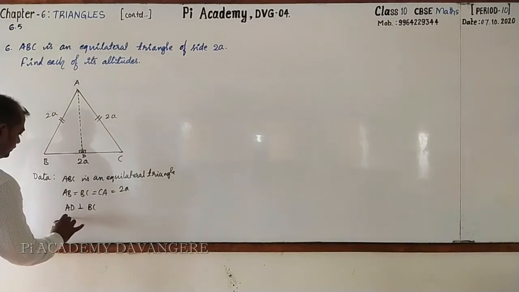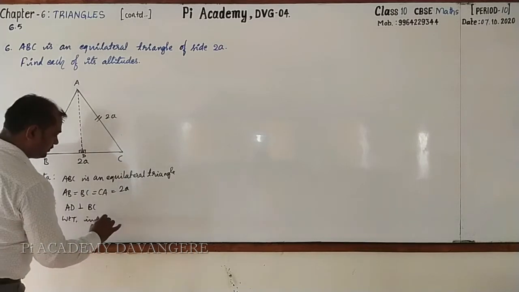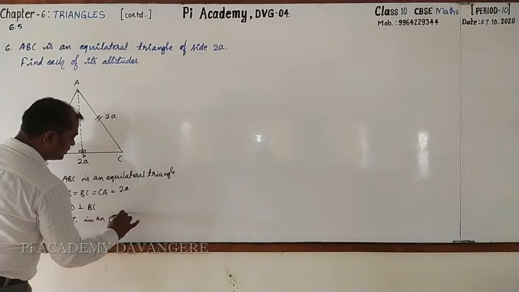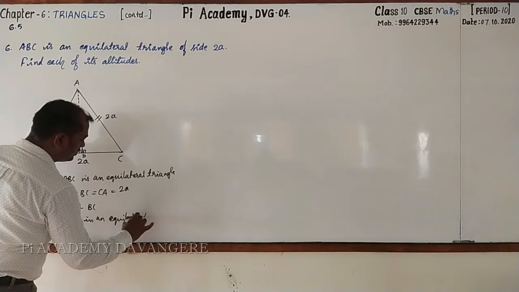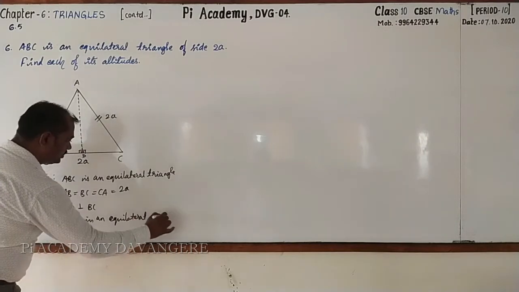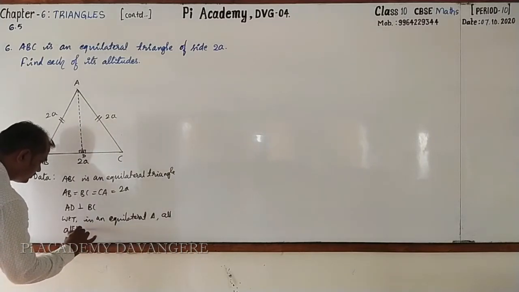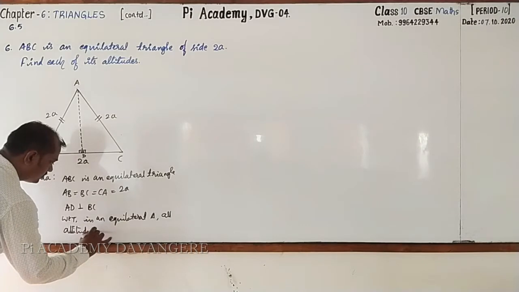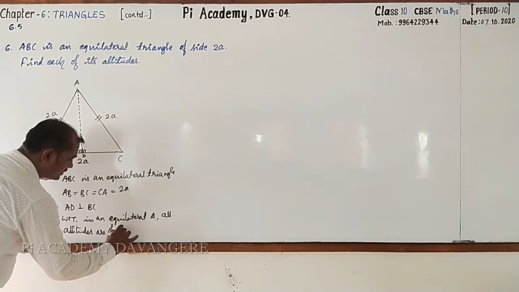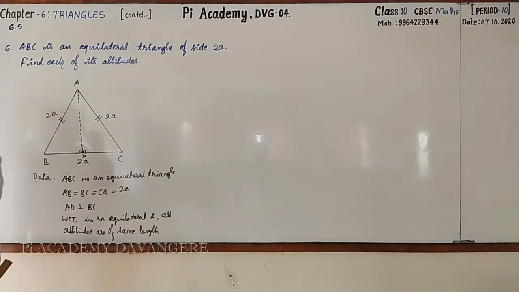And we know that in an equilateral triangle, all altitudes are of the same length. So if you find one, it's enough.